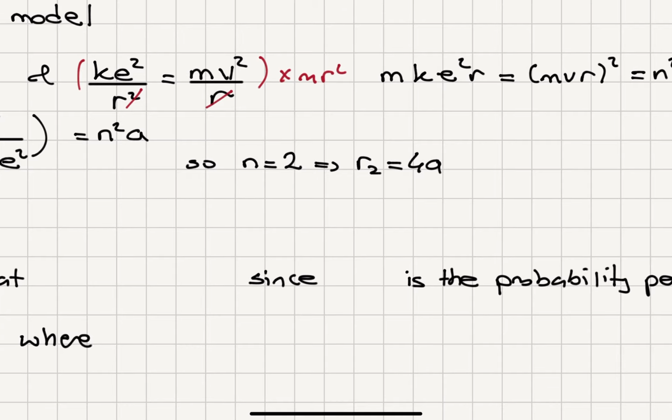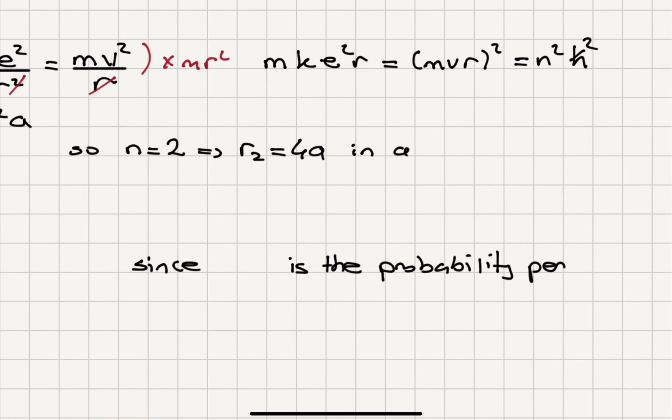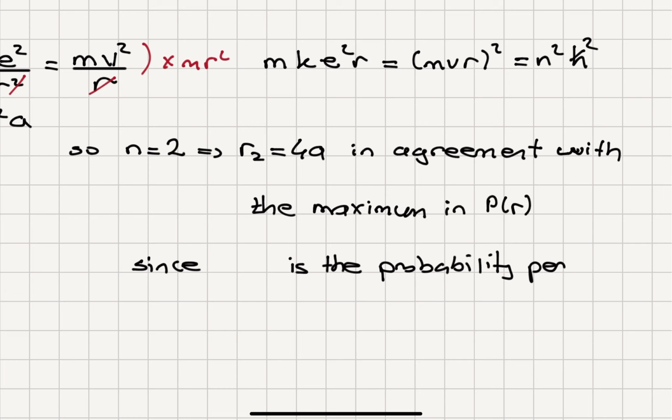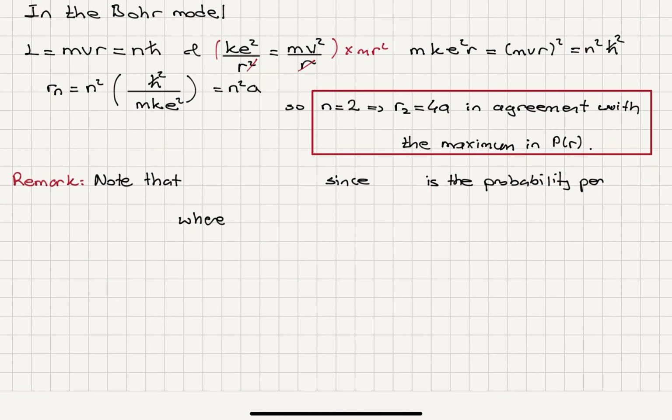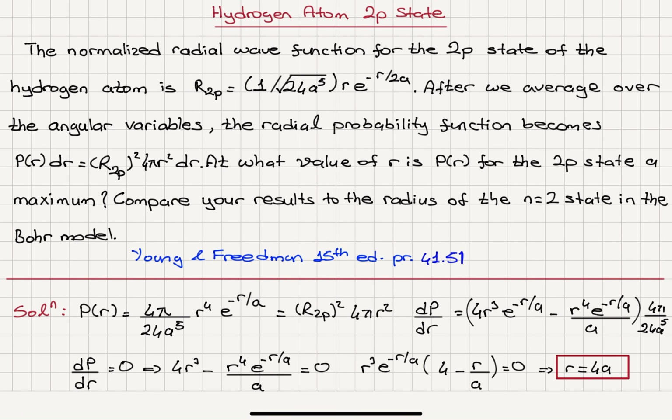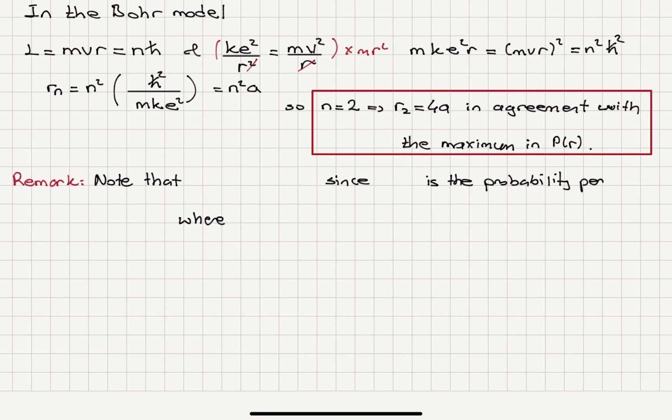So that means I have an agreement with the maximum in P(r). Okay, so for n equal to 2, that's the 2p state. I have r_n, the orbital radius, equal to 4a, and according to my quantum mechanical calculation, the most probable radius is 4a, so those two are in agreement.